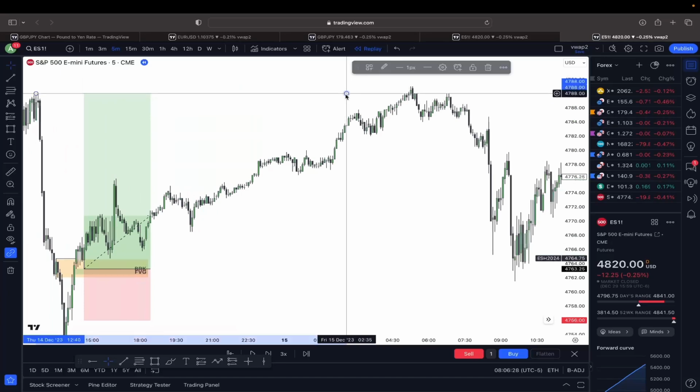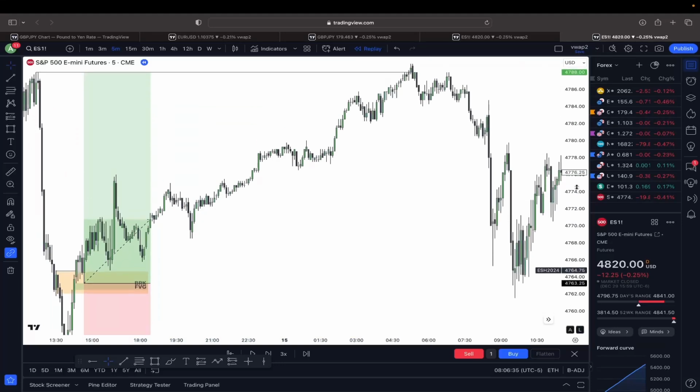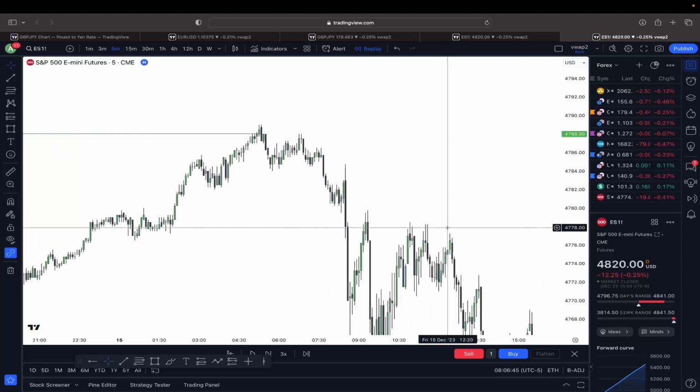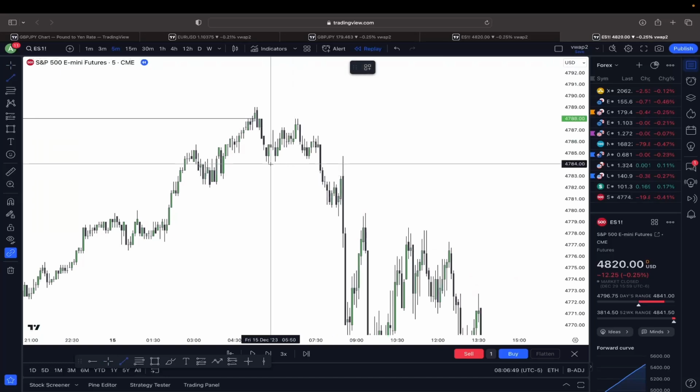So looking at the chart next, this is our next area that we want to see get swept. And what happens? This stop hunt happens here. We take out that high time frame liquidity, that 1 hour high. We then wait for there to be displacement, which we have happen here.